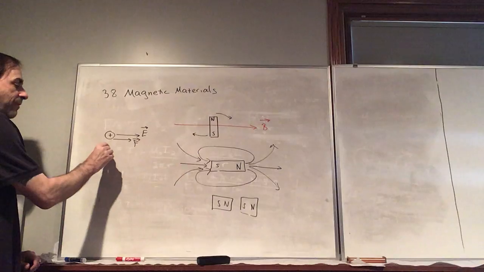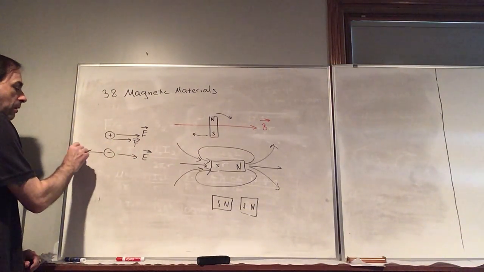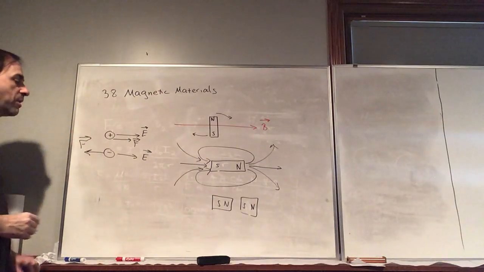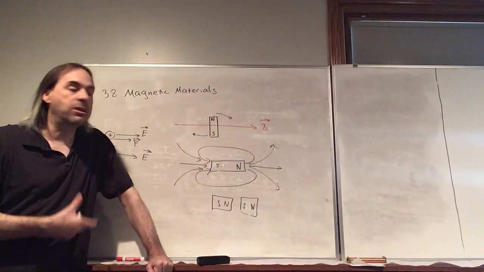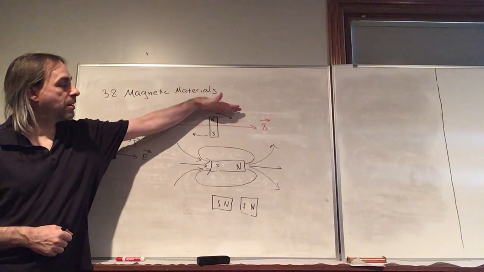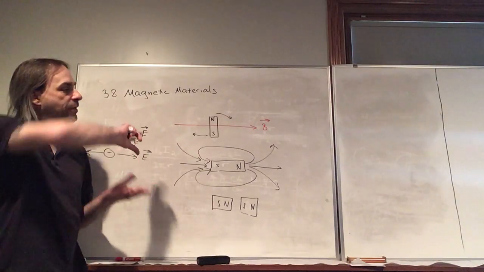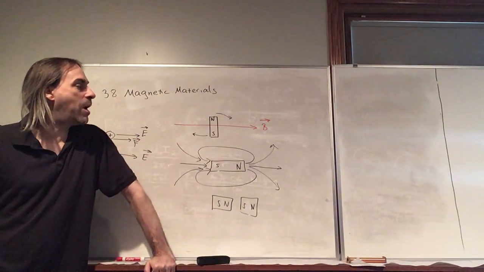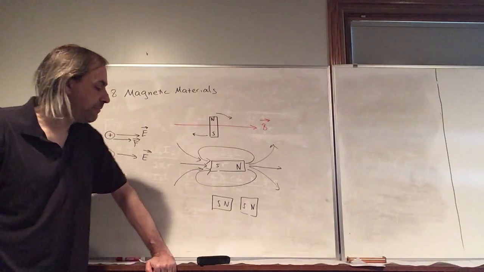Whereas if you have a negative charge, the force is going to be in the opposite direction. So if we look at the north pole as a positive charge, the force is going to be to the right. The south pole is a negative charge, so the force is going to be left. That's going to cause this magnet to twist and line up with this external magnetic field.